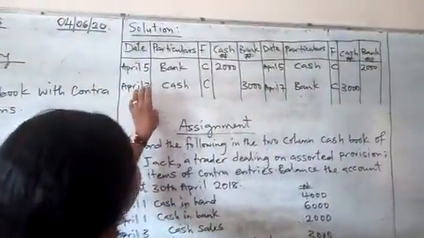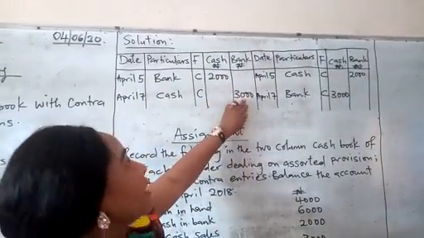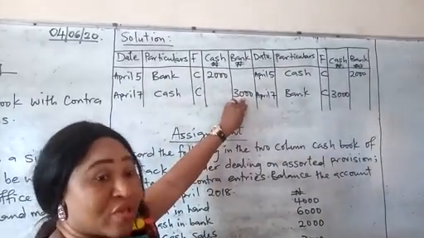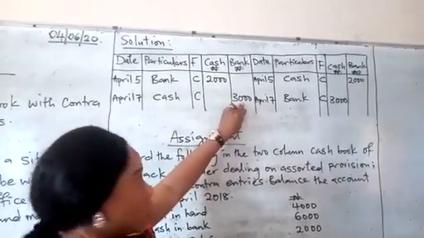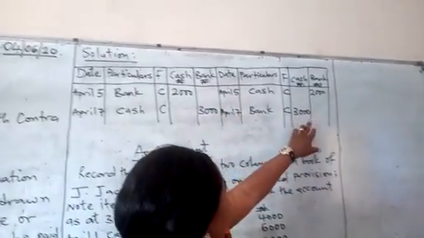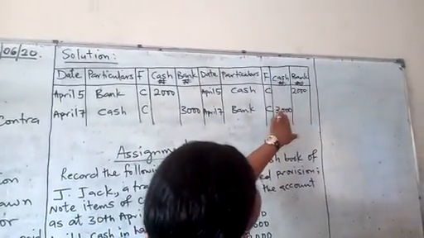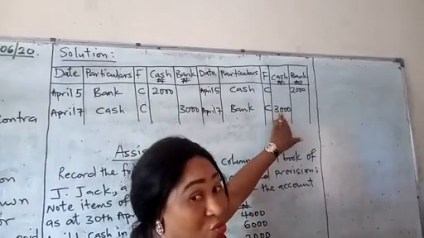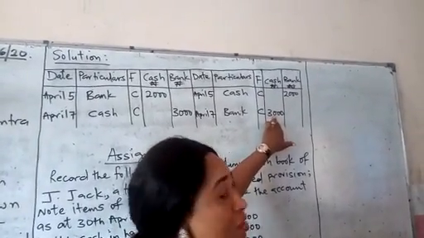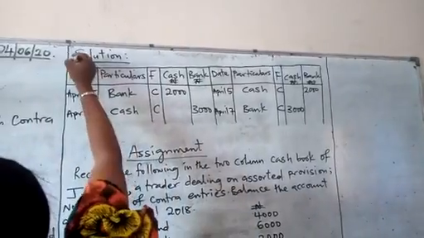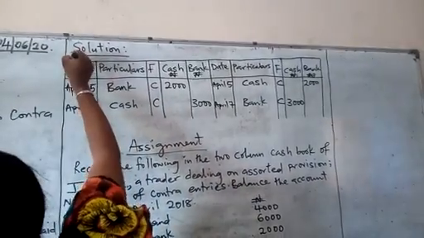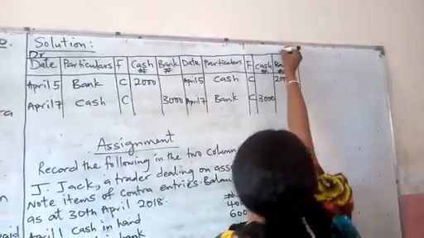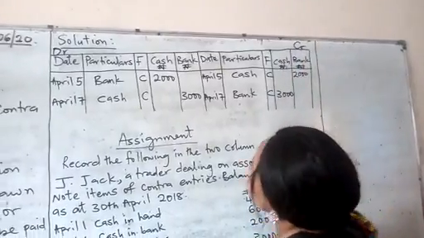On April 7th, we debited bank, which is the receiver of the sum. Then we credit cash, which is the giver of the sum. This is debit side and credit side.